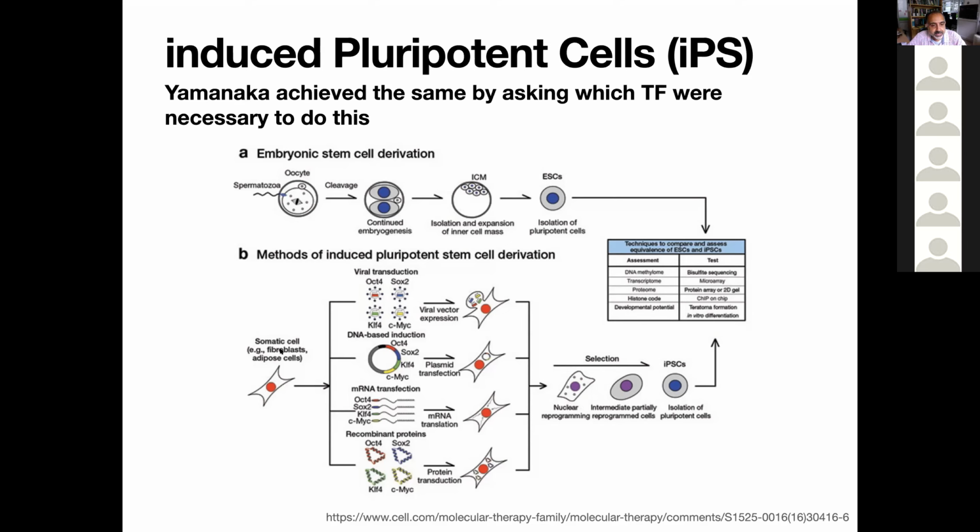Soon after, he was able to make an induced pluripotent stem cell, and by changing the selection media and the way he was doing the experiments a little bit, he was able to inject these into mouse blastocysts and find that this iPS cell could give rise to every structure in the embryo, including the germ cells.